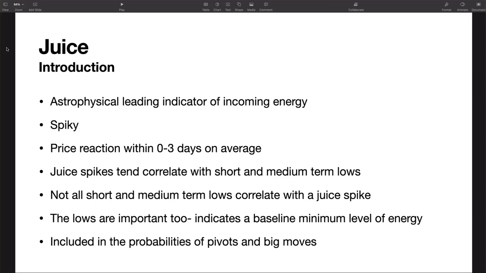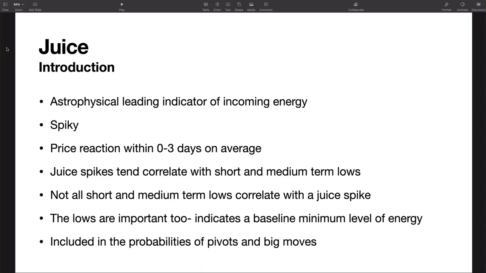And you'll see what I mean as we go through some examples. The lows in juice are important as well. This tends to indicate a minimum baseline level of energy, and this is also included in the probabilities that Time Trades displays of future projected pivots and big moves.